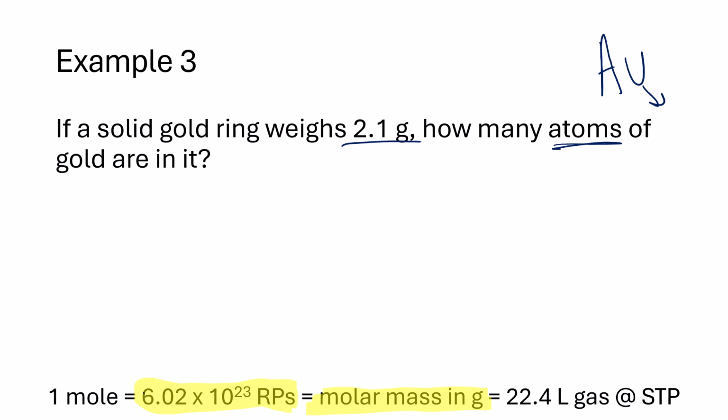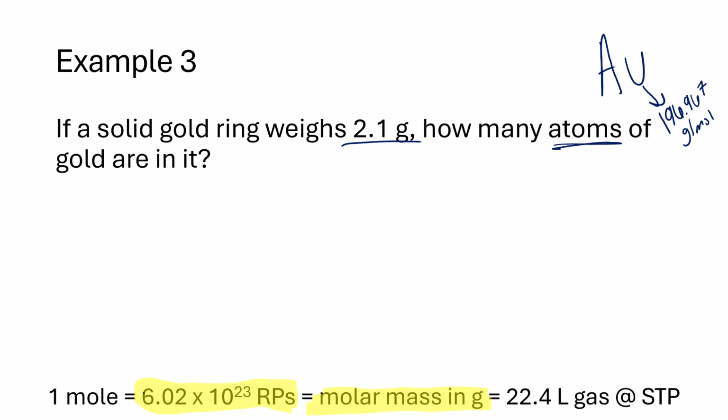I'm sorry, this is gold. So Au is 196.967. It's important not to round these numbers. You want to keep these numbers as is until the very, very end, and then you are welcome to round based on the significant figures of the problem. But you never want to round molecular weights.